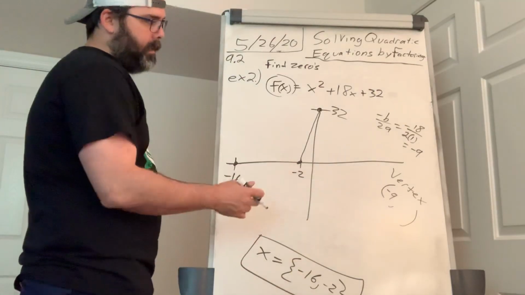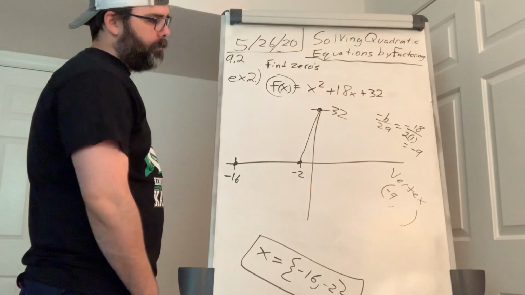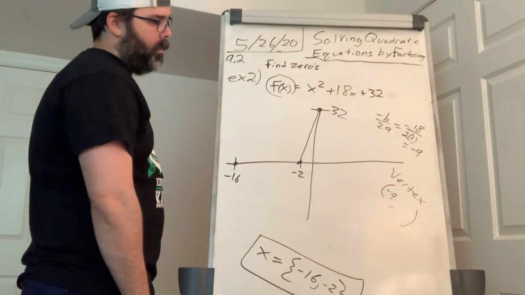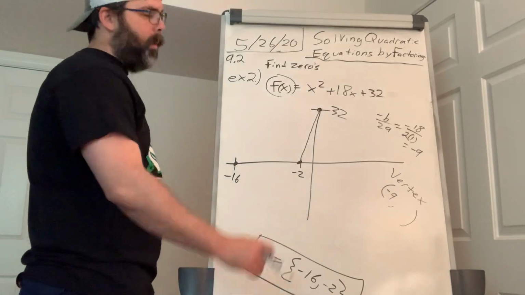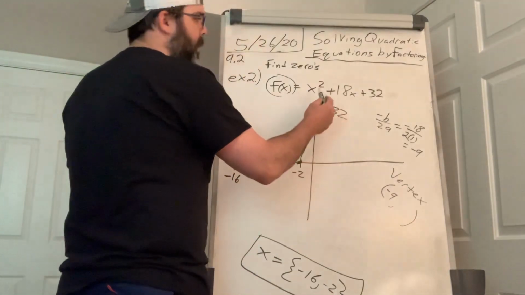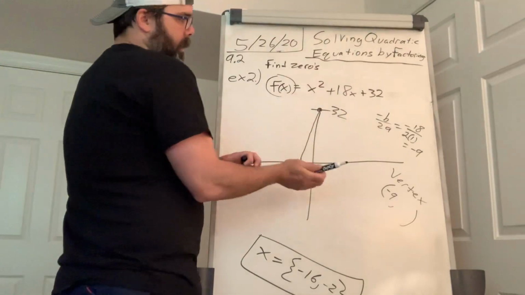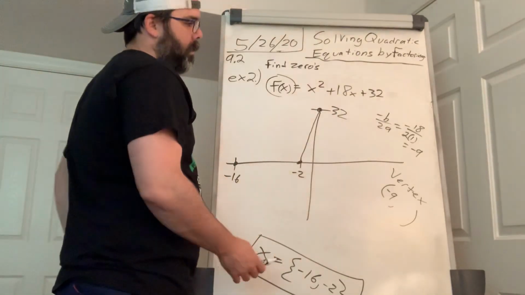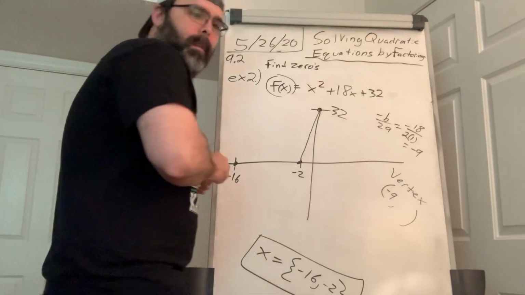I plug that in to this function and solve for y. So I'd plug negative 9 into here and I'd get negative 9 squared, which would be 81, and then 18 times negative 9. Let me just do this real quick.